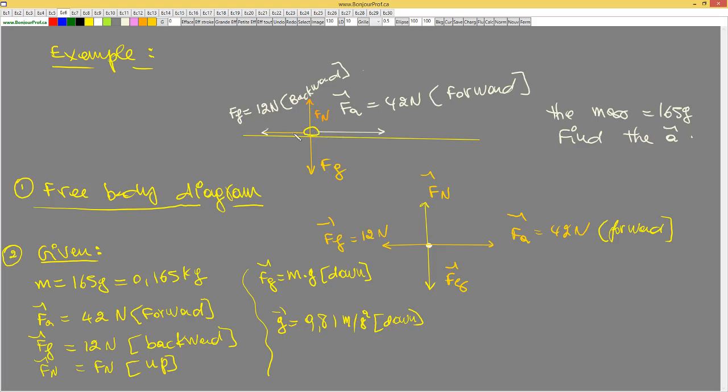The object, is it moving horizontally or vertically? Is it moving vertically? No, it is not. I am pulling it forward horizontally. There is no way that the object is moving vertically. It is not going up.